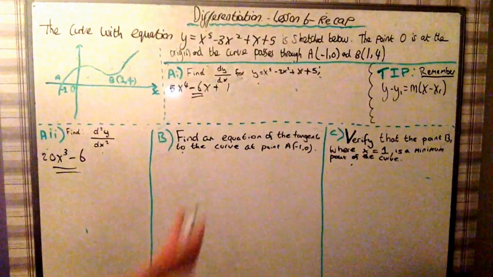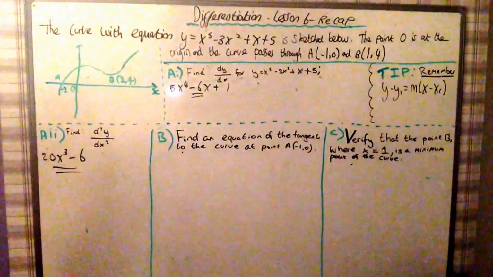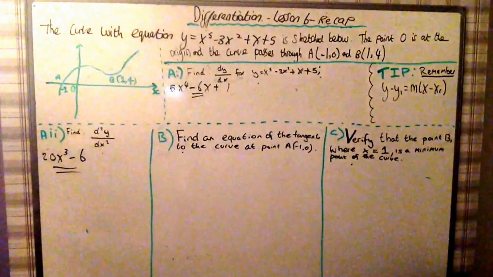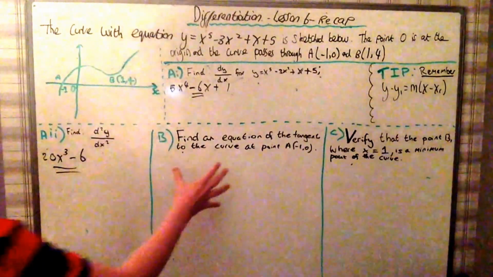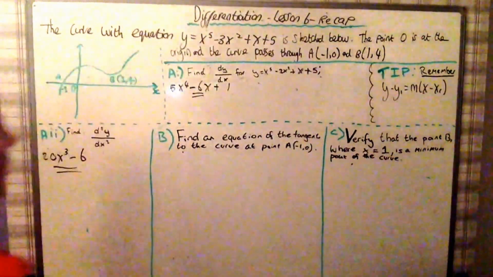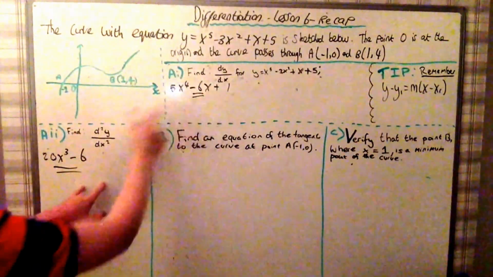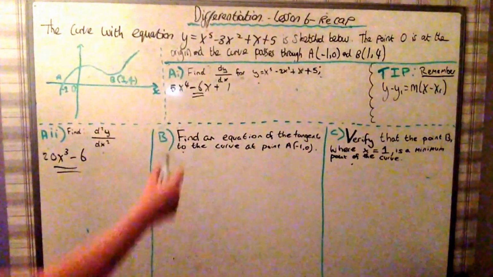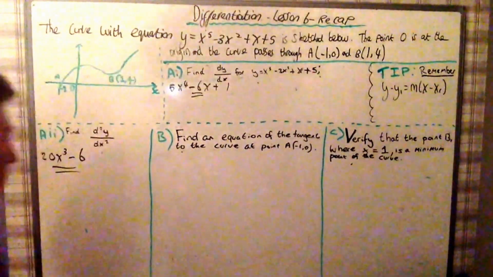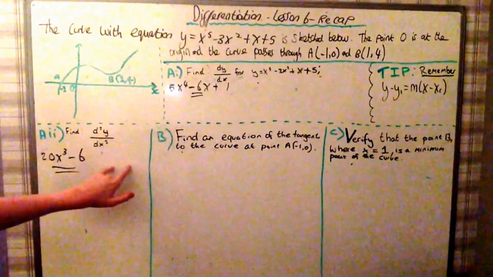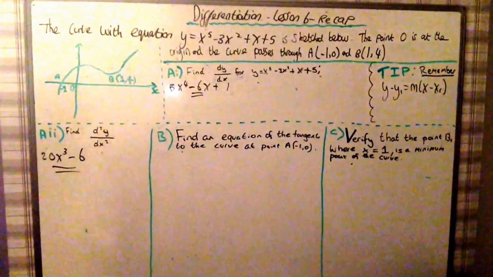It is worth double checking these questions. Although they are quite simple in principle, they will combine with parts B and C. So it's important we don't make a silly mistake in parts AI and AII, because that could affect our answers to parts B and C. So again, it is worth double checking we've done this right. It is a simple few marks to pick up in an exam.